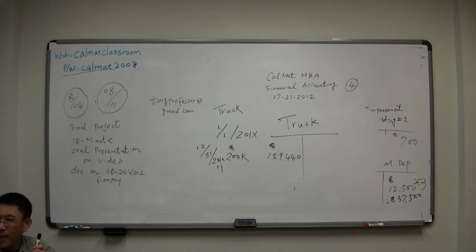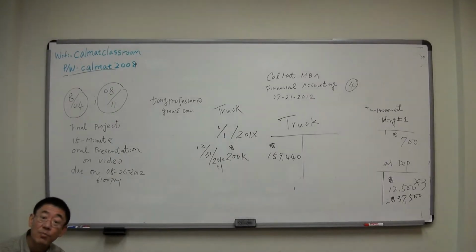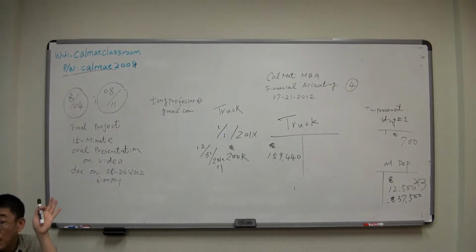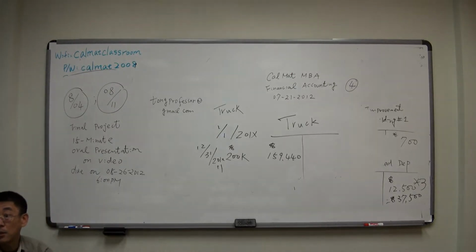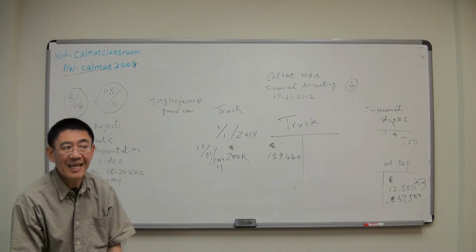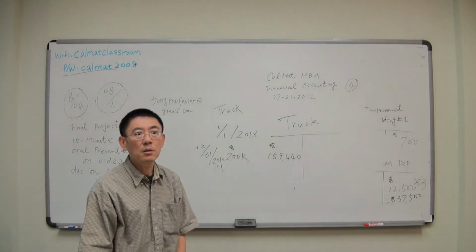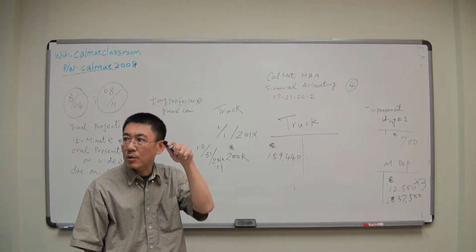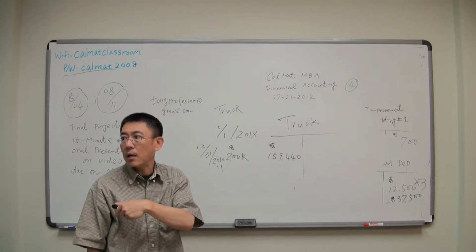But again, for financial accounting, under the GAAP, we are not talking about the cash method, we are talking about the accrual method. So even though your company has not paid any penny yet, under GAAP, you must recognize your expense. Doesn't matter if you pay or not, because you are obligated to pay, even though not right now, but later on.